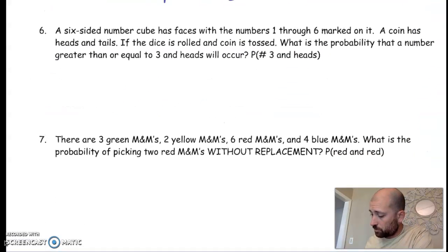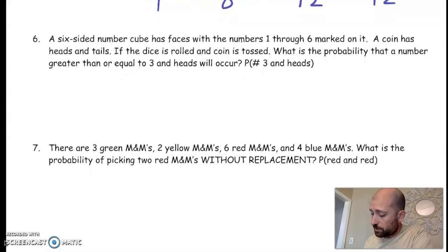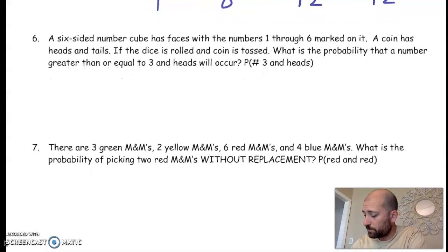Okay. 2 more for this video. Number 6, a 6-sided number cube has faces with numbers 1 through 6 marked on it. A coin has heads and tails. The die is rolled and the coin is tossed. What is the probability that the number is greater than or equal to 3 and a heads? So those are independent. So look at each probability separately.